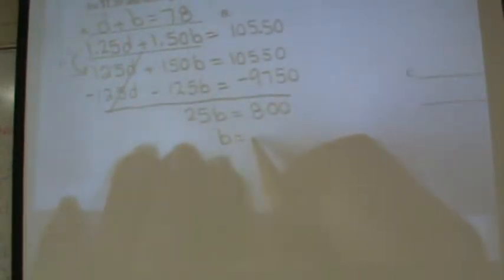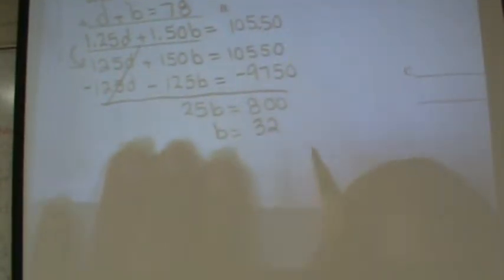and then divide by 25. What do you get? 800 divided by 25, 32. 32 what? Burgers. 32 burgers. How do we figure out how many hot dogs?